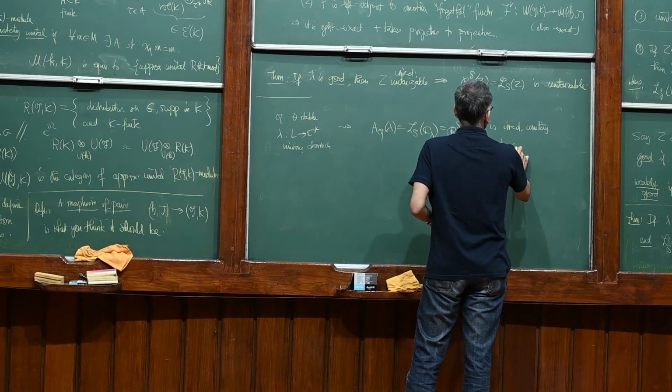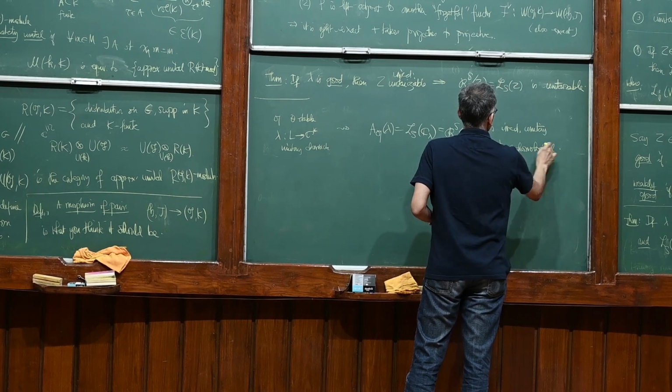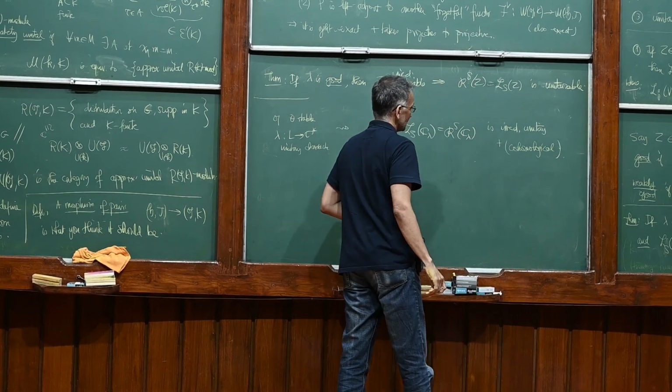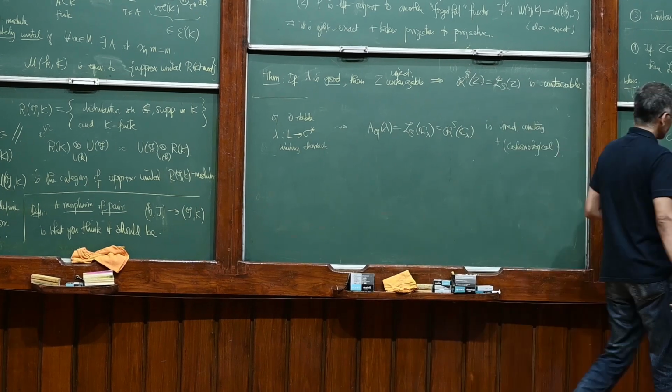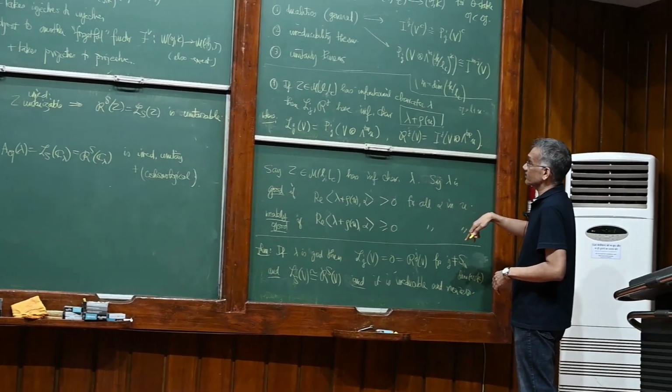Okay, and this part I have not explained, and it's cohomological. So next time I'll maybe explain that. Okay. So the point is that these are the general theorems about how these functors preserve irreducibility and unitarity.